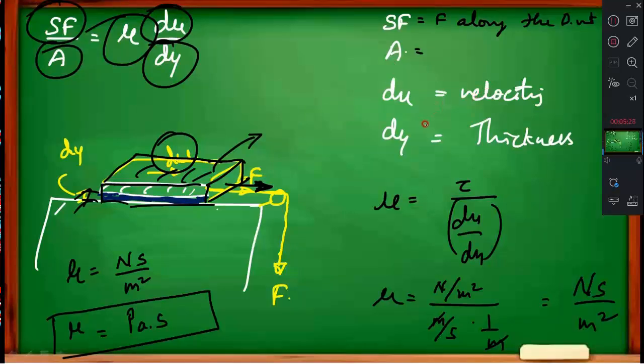Area is the area of the plate with which the lubricant is in contact, the contact area between the plate and lubricant. du is the linear velocity.